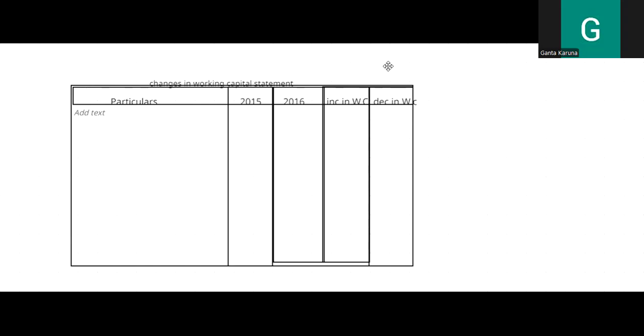The other current assets are stock, debtors, cash, and the bank. I'm going to take all these things. First is stock. The stock amount for 2015 is 2 lakhs, and for 2016, it is 1 lakh 41,000.